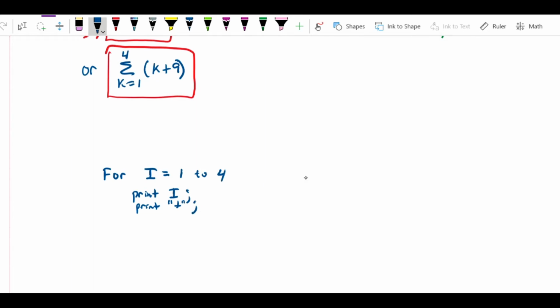What this would do is it would let I cycle through 1 to 4, and the first thing you do is you'd print the number 1, then you'd print a plus, then we go around again and set I to the next value. So then we go through these instructions again, print 2, and then print a plus, and we keep going. So that's really more what the sigma does.